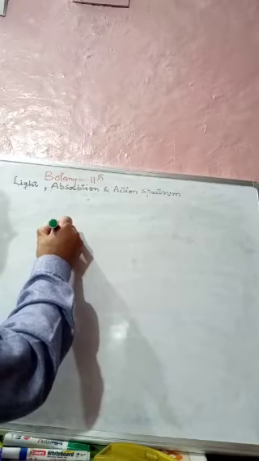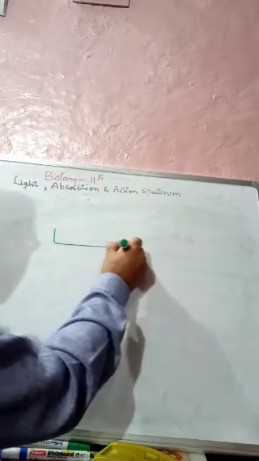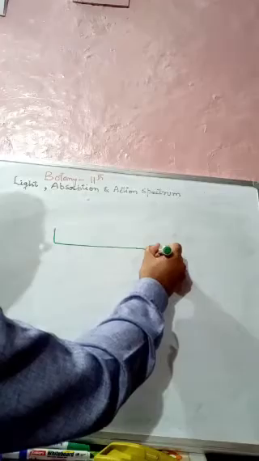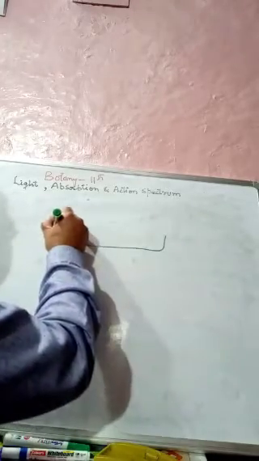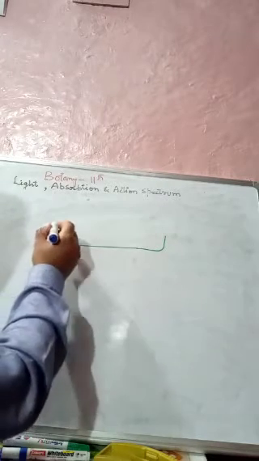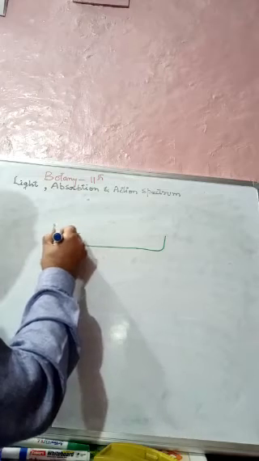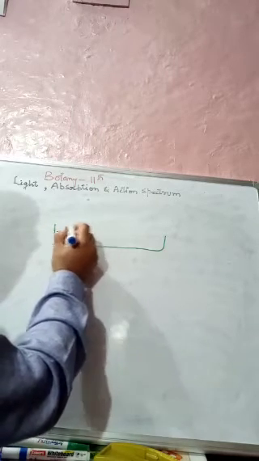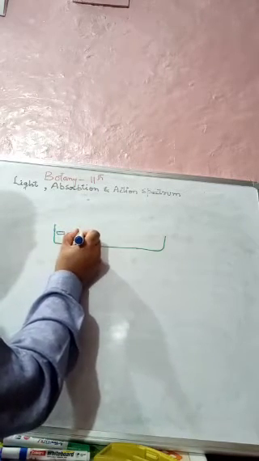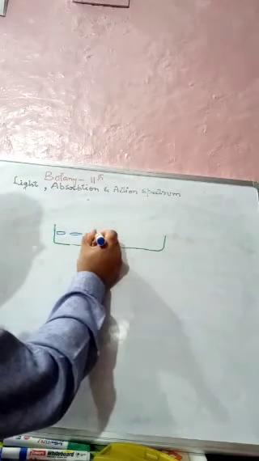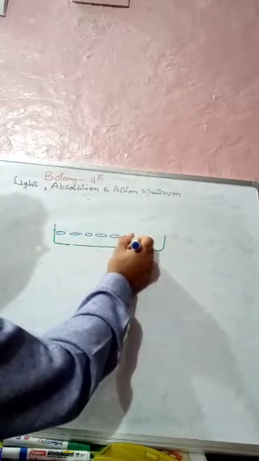See, this is the trough, and in this trough we have put this alga, green alga is there, like this. I will dot this. This is the green alga, this is the green alga, like this.